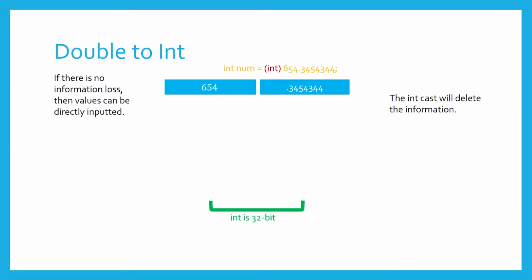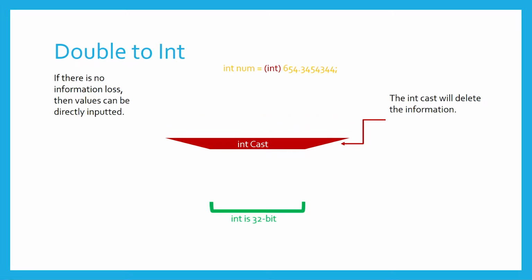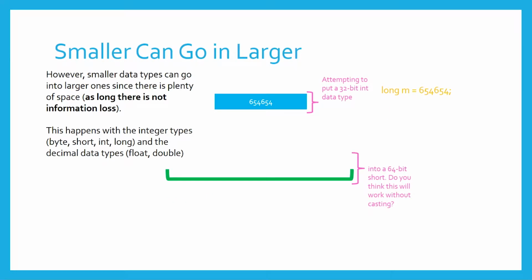Notice that the value is now less than the original value, since it is only 654. You have lost accuracy. This truncation happens for other data types also. Commonly, if a data type is larger and or stores different types of information, you need to cast to convert it. But also note that putting smaller data types into the larger ones usually is fine.